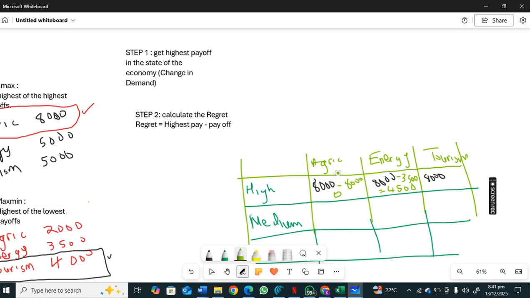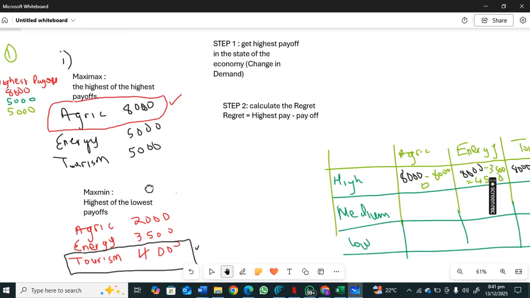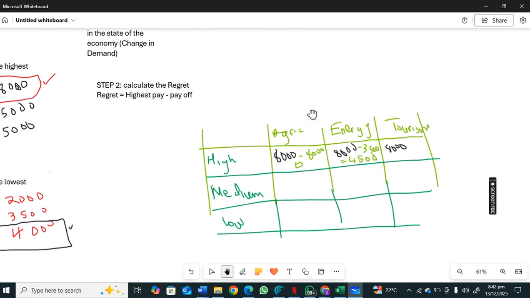You say, I'm not going to invest in agriculture because that's got the highest payoff. If I don't invest in agriculture, I choose energy, I'm going to lose out 4,500. Tourism, the payoff is 5,000 here. So as I said, regret, highest payoff, which is 8,000 minus the individual payoff of 5,000.